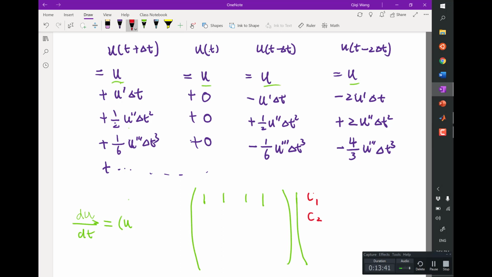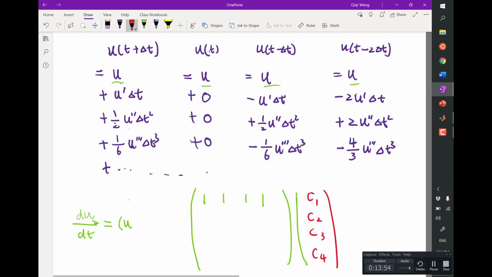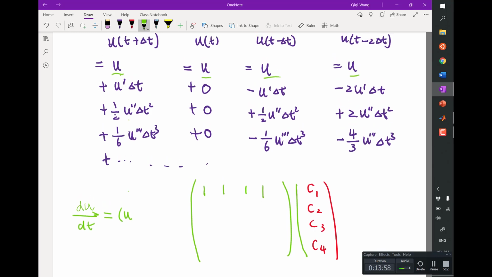C1, C2, C3, and C4. Okay, so you can see that it's basically C1 times u plus C2 times u plus C3 times u plus C4 times u, right? And then we have the next row, that is 1, 0, minus 1, and minus 2.